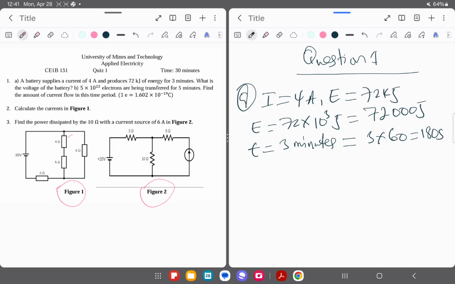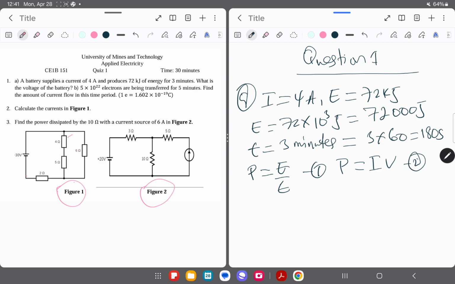Now, when it comes to energy and then time, we know that power, right, is the rate of doing work. And then work done is a form of energy. So I can write power to be equal to energy over time. So we label this as equation 1. At the same time, we know power to be equal to what? Current times voltage, right? So I'll label this as equation 2.